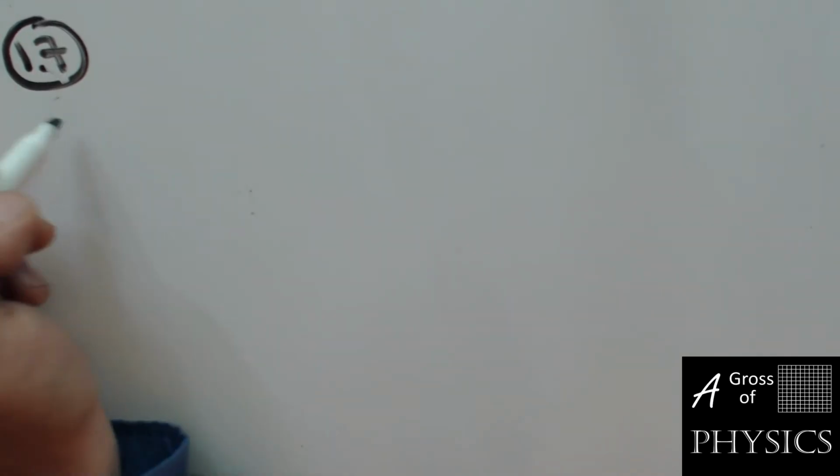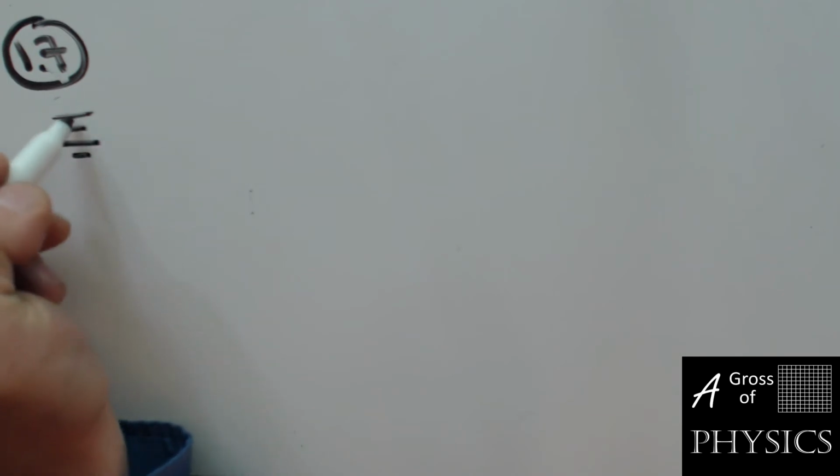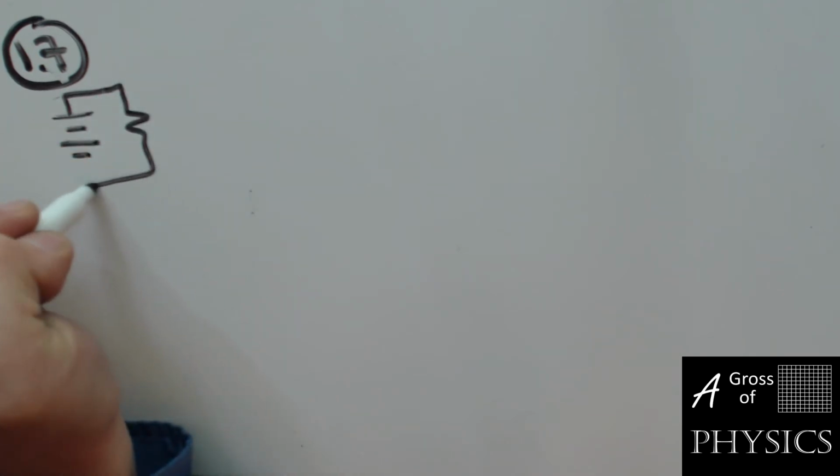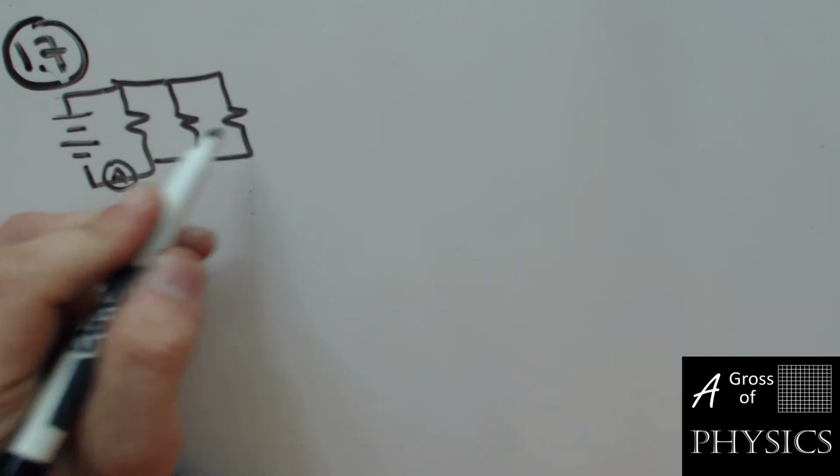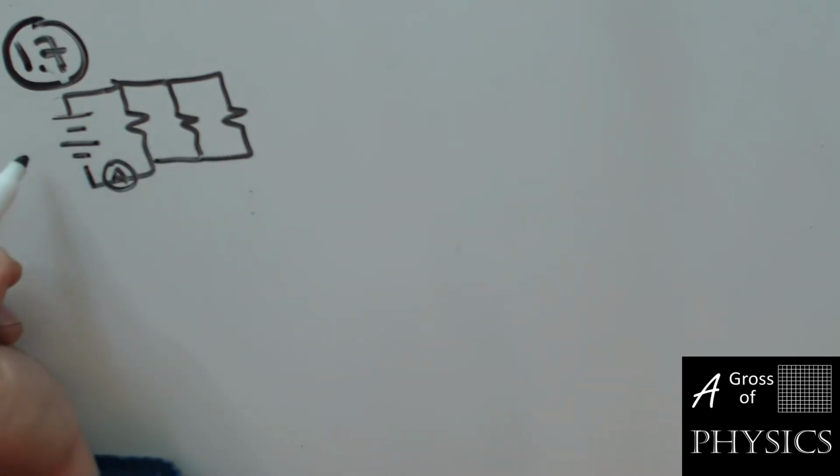All right, 17. What we have is a parallel circuit. 1, 2, 3 resistors, and we want to find the current flowing here. So what we need to do is find the equivalent resistance and do V equals IR.